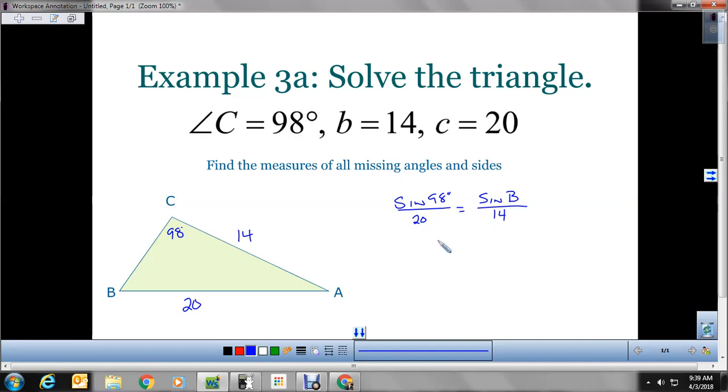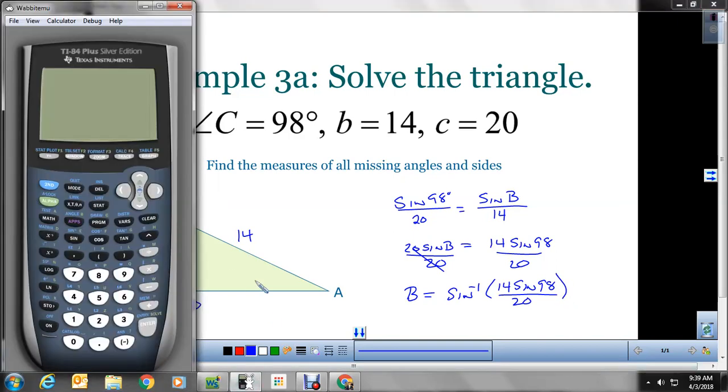As we cross multiply, we get 20 sine B equals 14 sine 98. Now, bring the 20 over by dividing it. And now we have that B is equal to the inverse sine of 14 sine 98 over 20.